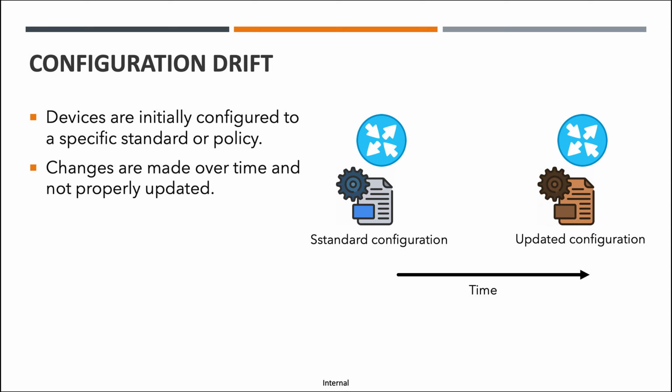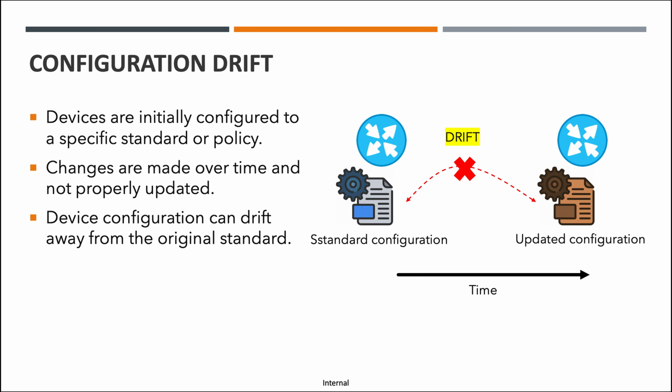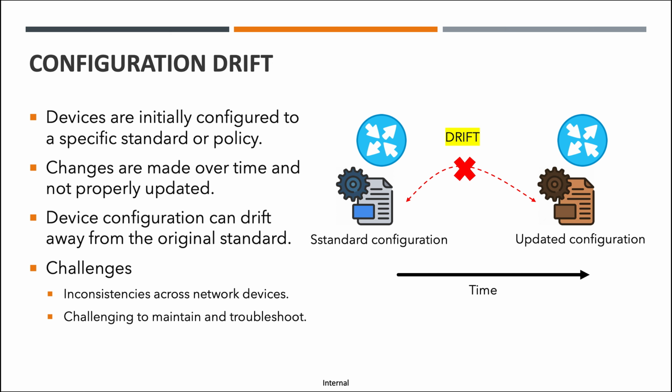The device's configuration can drift away from the original standard. This drift can lead to inconsistencies across the network, making it challenging to maintain and troubleshoot the network effectively. So, this is a small explanation on configuration drift.